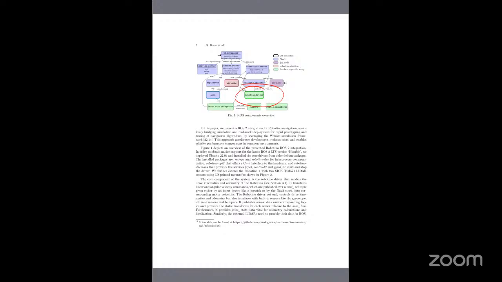So what is the duty of this Robotino driver? Drive kinematics. That means, for example, forward motion, rotate, right, left. The movement of the Robotino is managed by this drive kinematics.